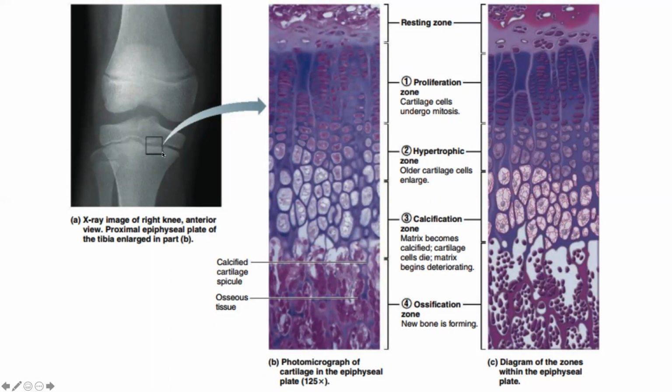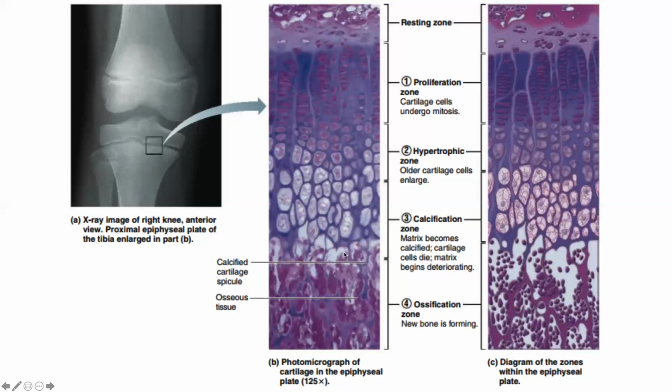And if we look at this box region, we can see the growth plate, which is also a form of cartilage. In the growth plates, the chondrocytes are originally in a resting state and gradually start proliferating and become bigger and bigger.